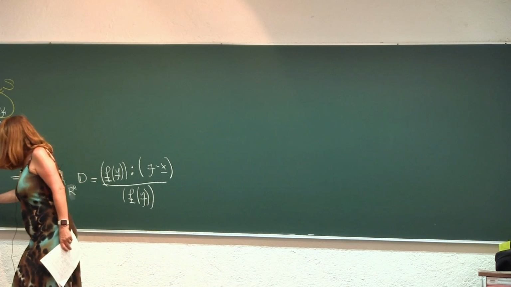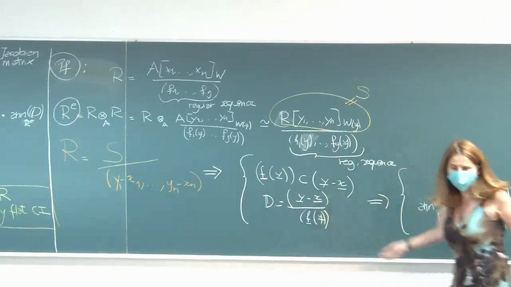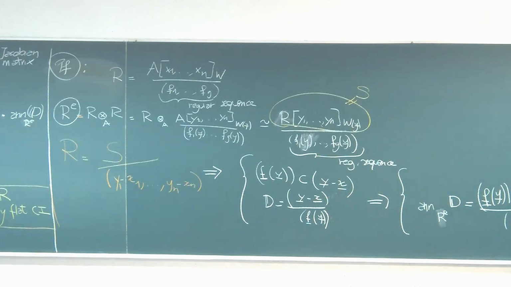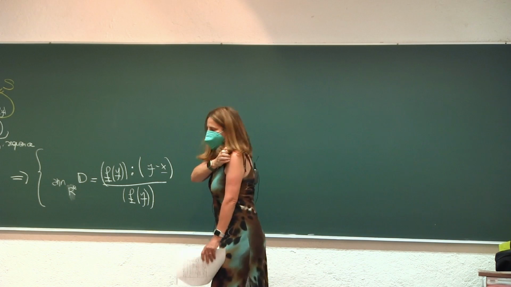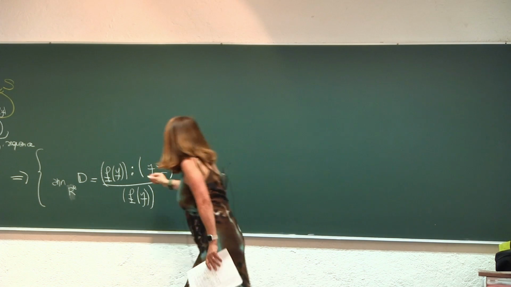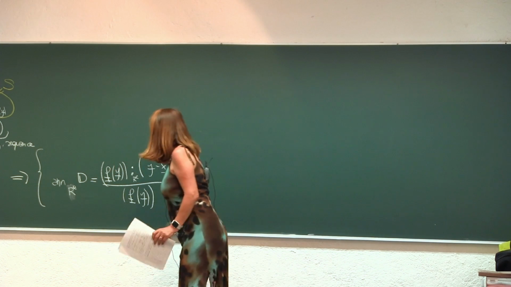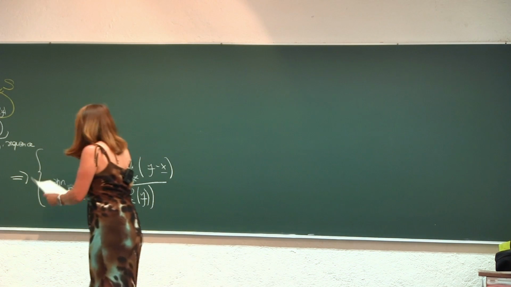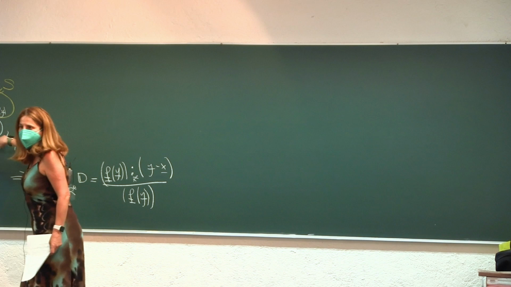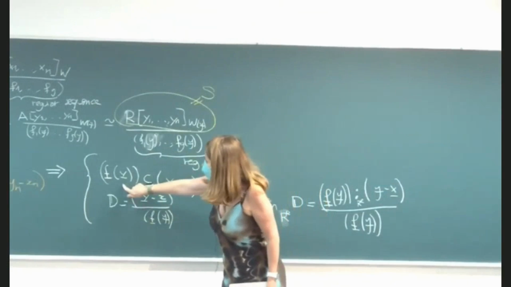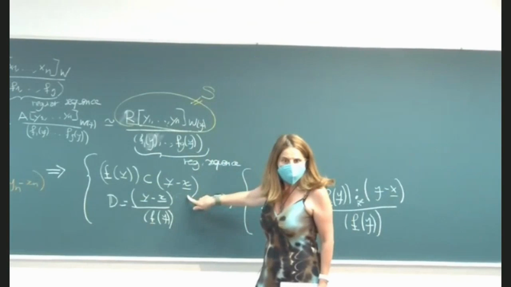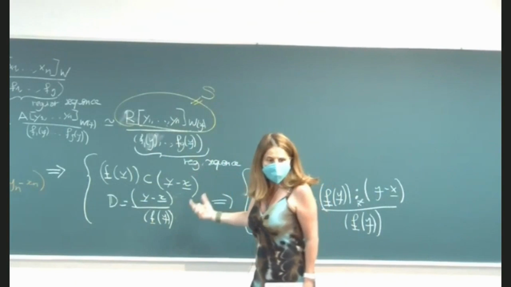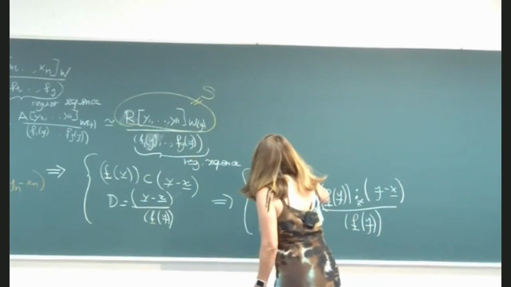So it's f of y colon y minus x over f of y. Because you have to find the stuff of RE that sends this one inside here, and then it will be 0. If you have J over I, the annihilator is I colon J. This is done in RE. So that's what we get immediately.